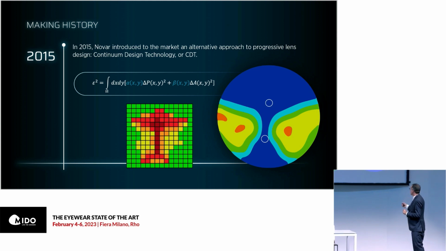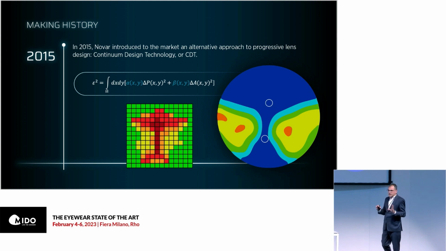So this is a typical map from a standard progressive lens. What you see in dark blue is all the area of the lens where the aberration is lower than half a diopter. And you have the progression here in the channel. This is near vision. And this represents a typical alpha or beta function.